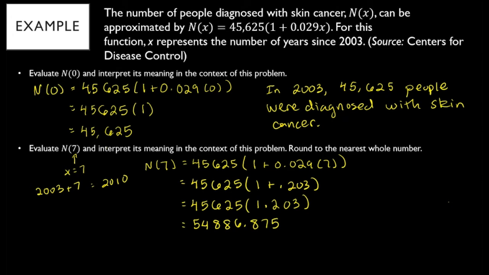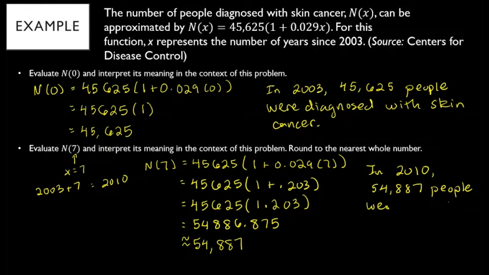We can't have a decimal amount of people, so we're going to round to the nearest whole number, which would be 54,887, because we have to round up since it's an 8 after the decimal place. So interpret this meaning: in 2010, because that's 7 years after 2003, 54,887 people were diagnosed with skin cancer.